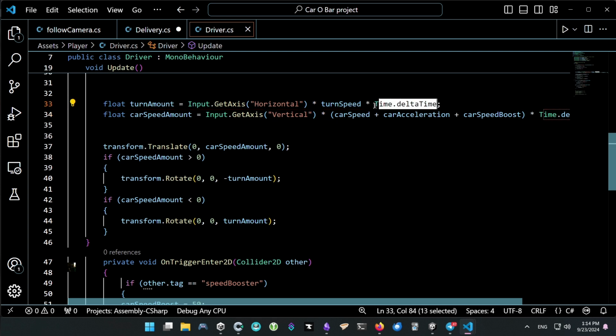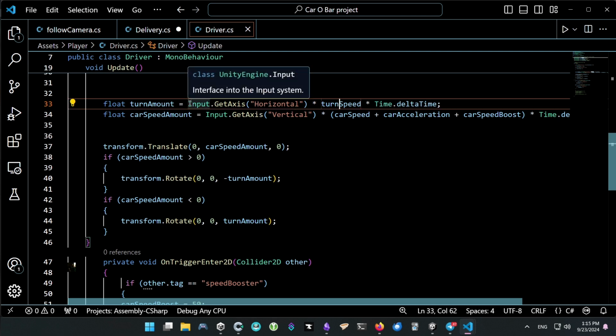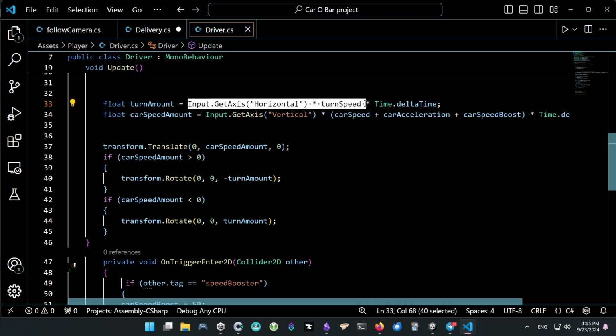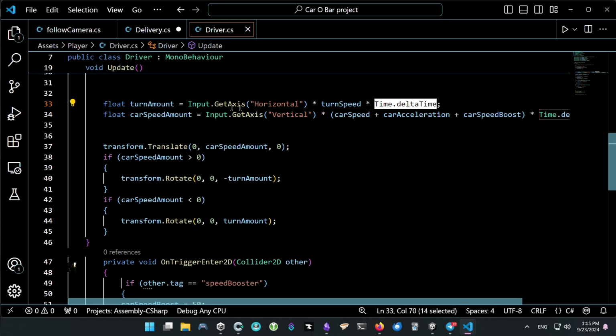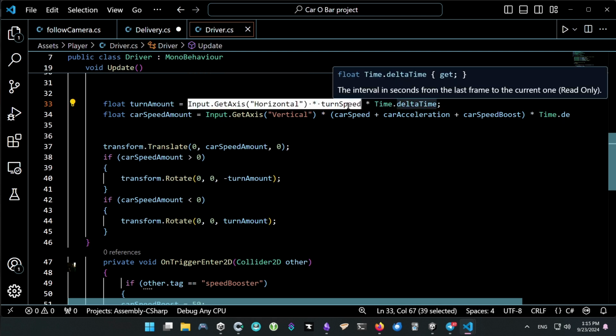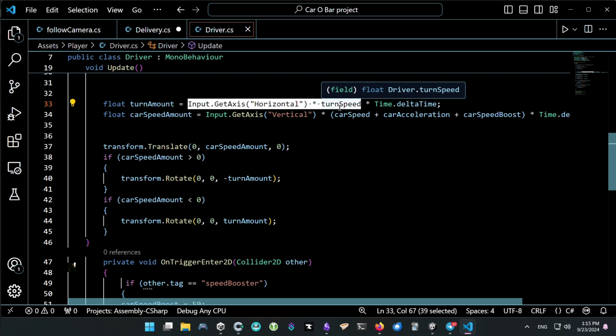I learned in the first few courses that if you want the experience to be the same for every player, no matter how good or bad their system is, you need this delta time, because without that the speed depends on the frame rate of the PC that the person is playing on.